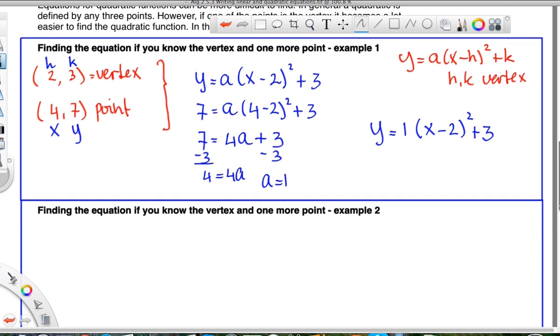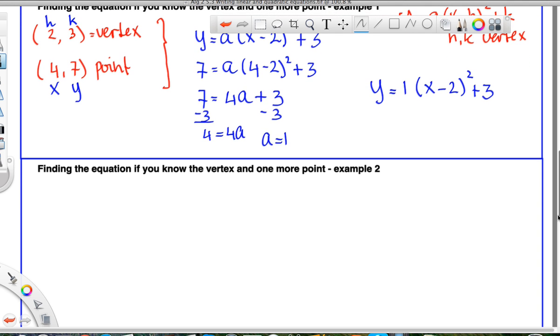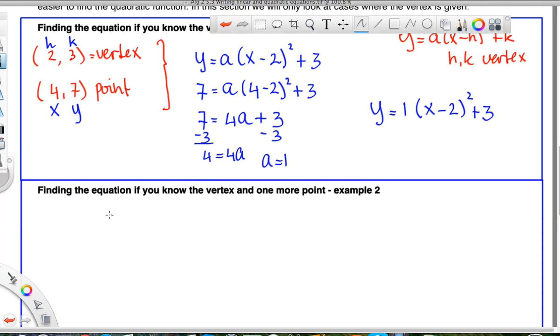Okay, that's fairly straightforward, hopefully. Let's do the same, but let's change the point that's given. Let's say we are still at 2 and we are still at 3. That's still the vertex. Then the next point over is still 4. And instead of it being 7, let's say that it's a negative 5.